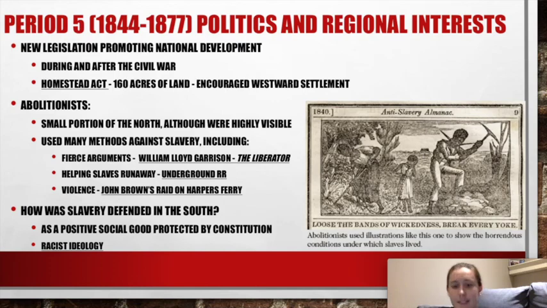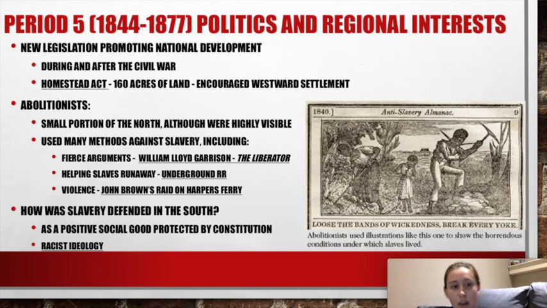And the idea as well was that slavery was an institution that was protected as a state right in the Constitution. So this idea that slavery was protected and that slaves were happy is going to be an argument that is going to be perpetuated by elites to try to protect slavery.